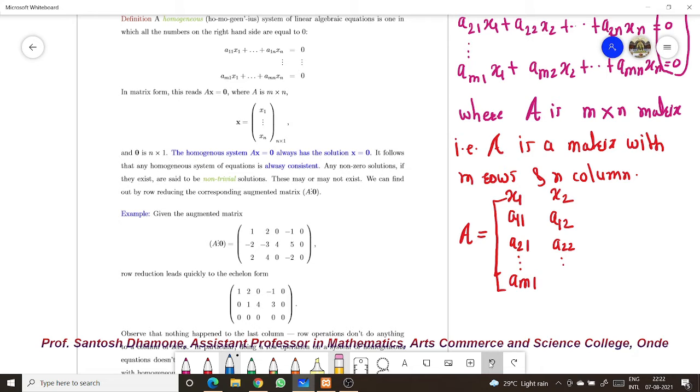X is the matrix of variables or unknowns, obtained by writing the variables in a column matrix x1, x2 and so on up to xn. Here there are n variables, therefore X is the column matrix x1, x2 up to xn.